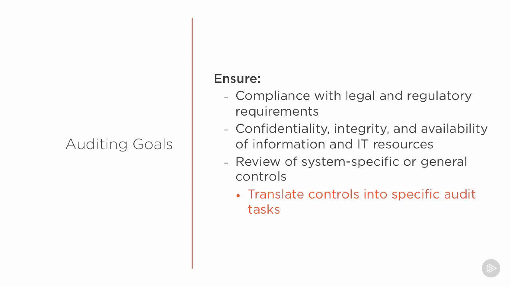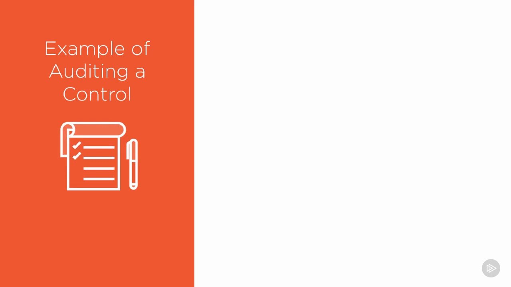We ensure that that control is working by defining the test strategy. How can I translate the objective of the control into a way to measure the effectiveness of that control? An example then of auditing a control.